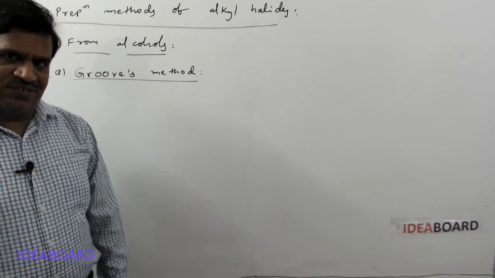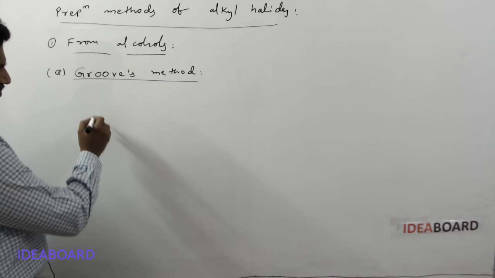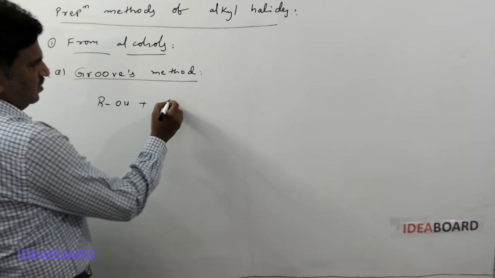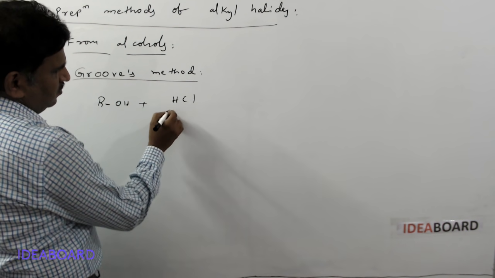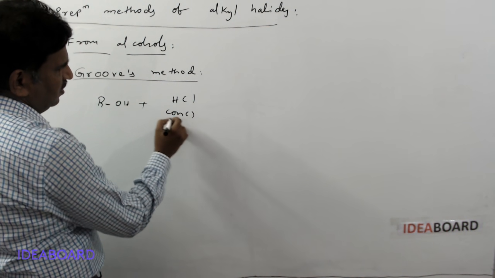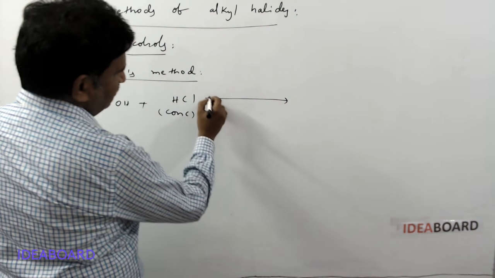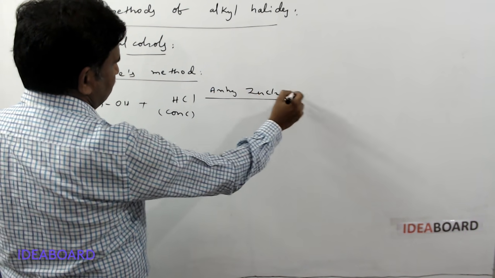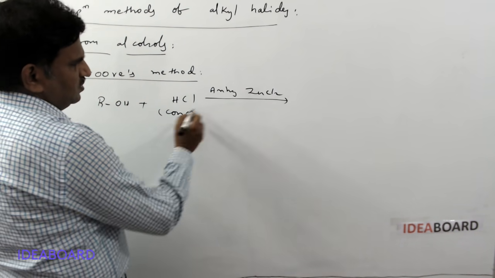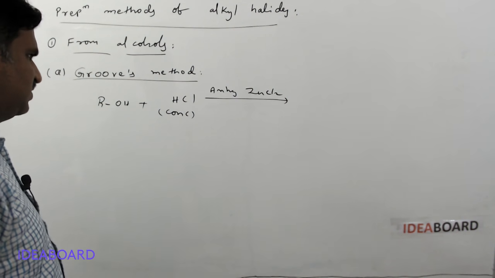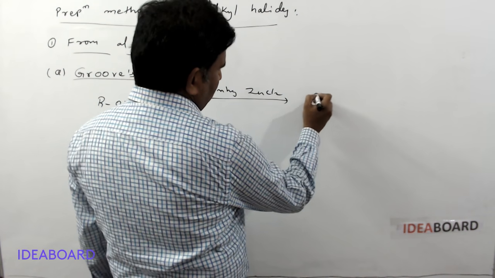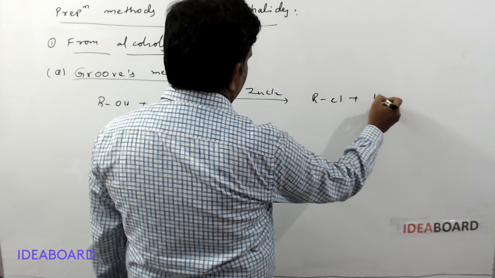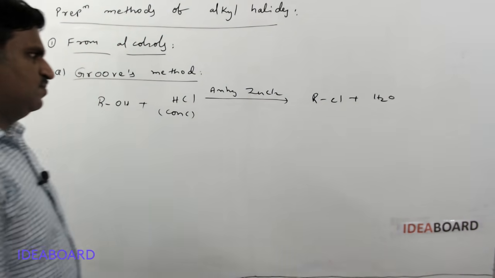Here Groves process or Groves method means what? Here we are taking an alcohol. This alcohol is treated with concentrated HCl in the presence of anhydrous zinc chloride. The concentrated HCl and anhydrous zinc chloride mixture is taken, then the alcohol is converted to alkyl chloride and H2O is formed.